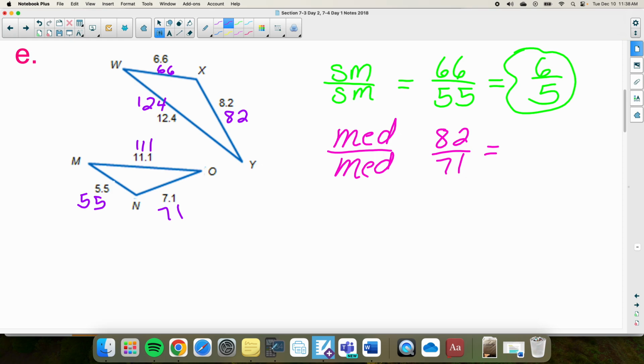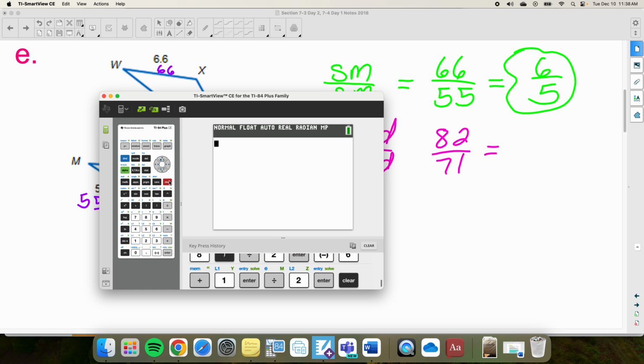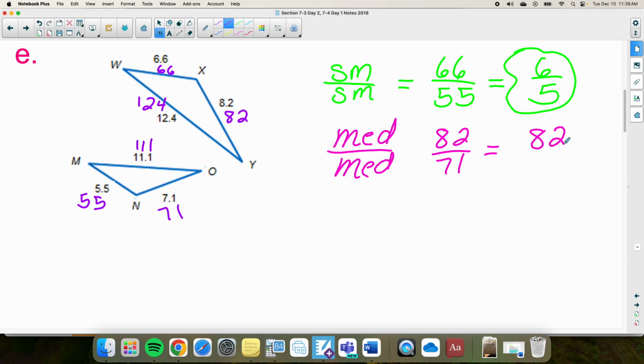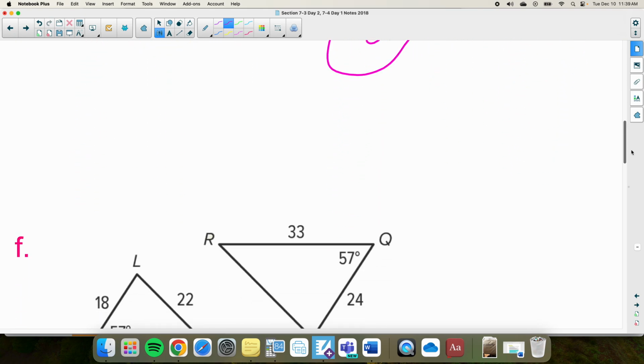If I go to my calculator and I try to reduce 82 divided by 71, math, enter, enter, it doesn't reduce. So what that means is this one is reduced already, and this and that one do not agree. So then we just say no, and we can move on to the next one, okay?